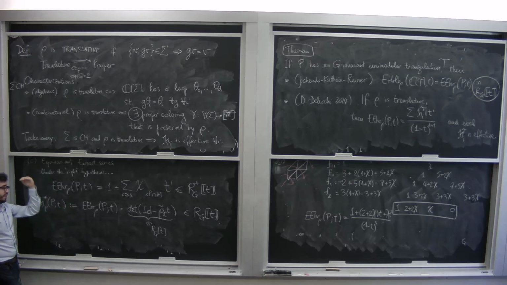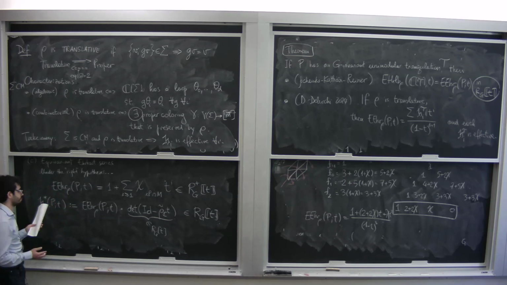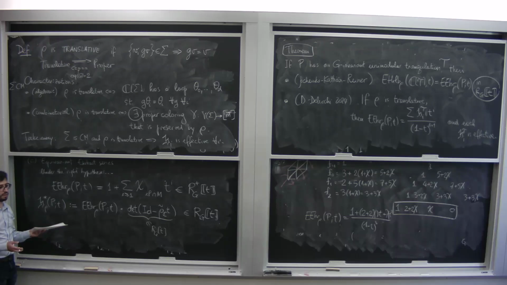So the numerator, the H star vector, is going to be palindromic, also in this sense. And it turns out that it is also gamma effective. The proof uses a lot of machinery, which is very much combinatorial in nature. It uses some concept defined by Brändén about sign graded posets. So if you're interested in combinatorics, just come and ask me later. Thank you so much for your attention.